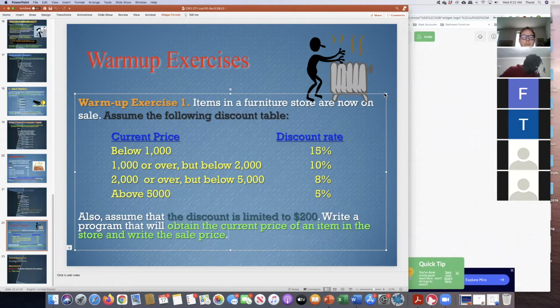So before applying the discount, I see what you're doing. This statement, cout price, discount price is the last line. You're only writing the discount amount. That's not the discounted price. That's the discount amount by which the price should be discounted. So you need to apply the discount, but before applying it, you need to compare it against 200 because it's limited to 200.